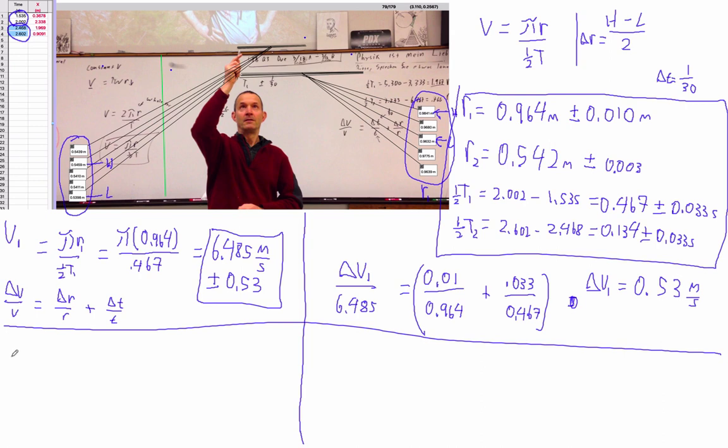Let's figure out V2 because I'm just curious, right? Okay. So V2 is going to be pi R2 over half of T2, right? So that's going to be pi, and then R2 is 0.542, over half of 0.134.